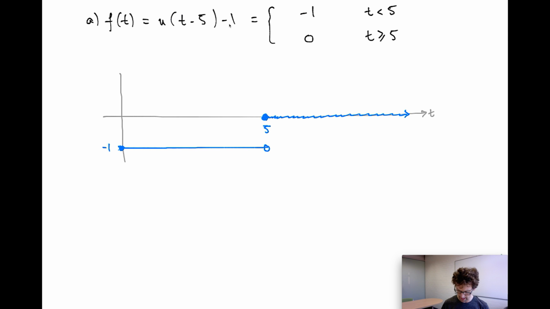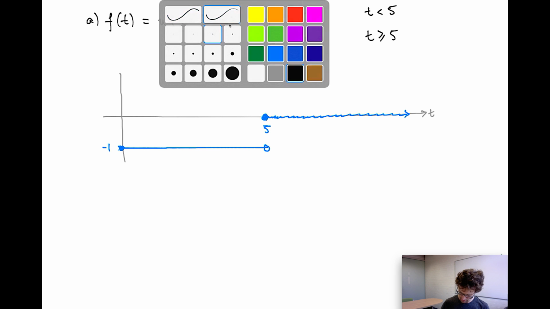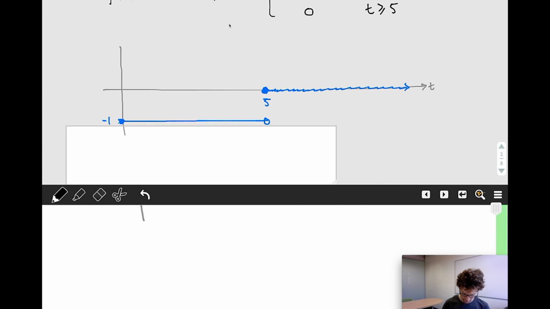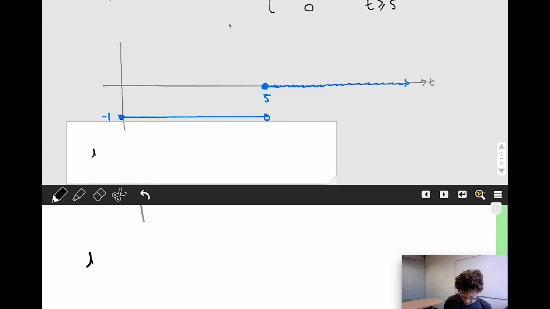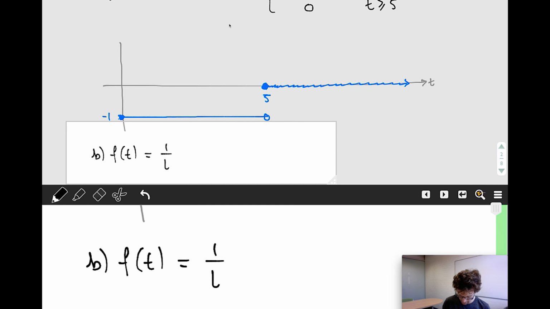Let's take a look at the next bit. The function we're asked to sketch is f of t is equal to 1 over t times u of t minus 2. And once again, the Heaviside is there hinting at what we need to split up our values of t into.